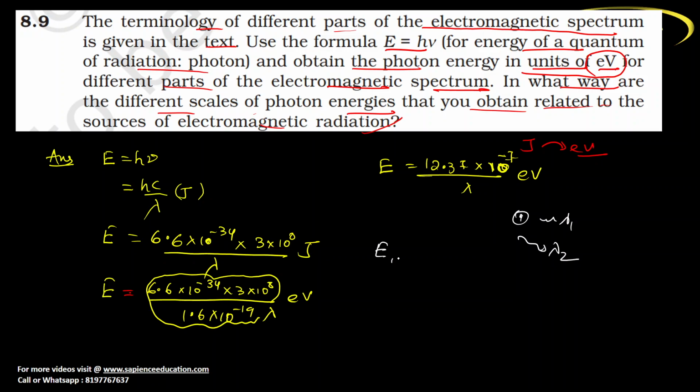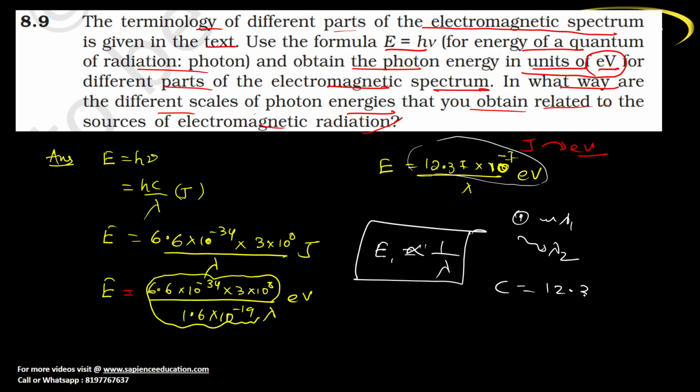So you will get different energies, like E1 equals this much amount divided by lambda 1. So the energy is inversely proportional to lambda, with the constant of proportionality equal to 12.37 into 10 to the power minus 7 electron volt meter. So this is the relation. I hope you have understood this one.